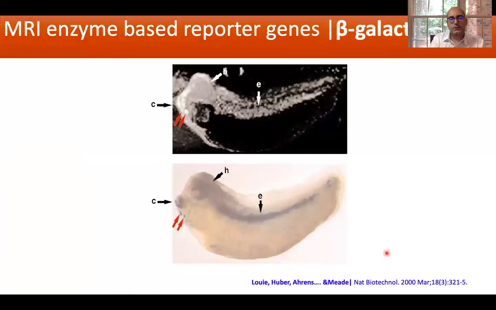They went on and demonstrated that beta-galactosidase can be used for imaging of larvae. But that's as far as you can go with it, because the substrate supposedly has a problem: it cannot penetrate the cell wall.